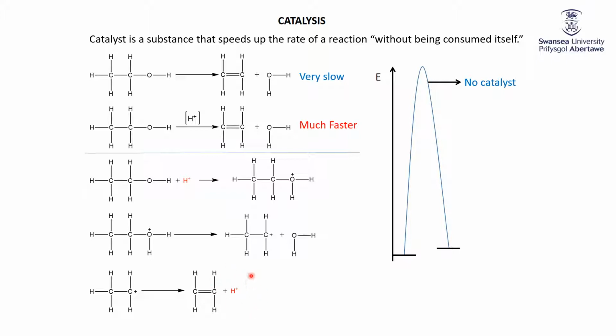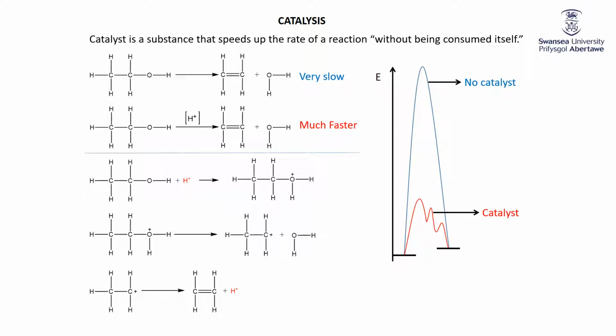Now when we plot out the energy profile diagram for this particular process, what do you see about it? It's an alternative process that has a much smaller activation energy. What a catalyst does, it is a substance that provides an alternative pathway with a lower activation energy, thus speeds up the reaction.